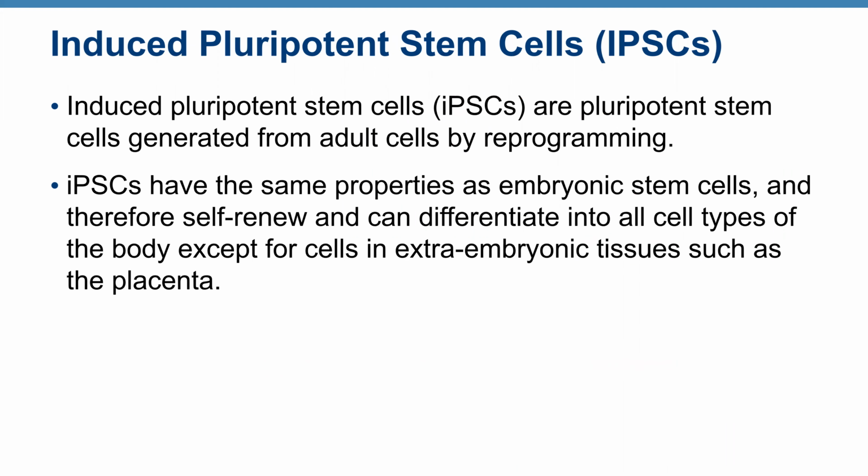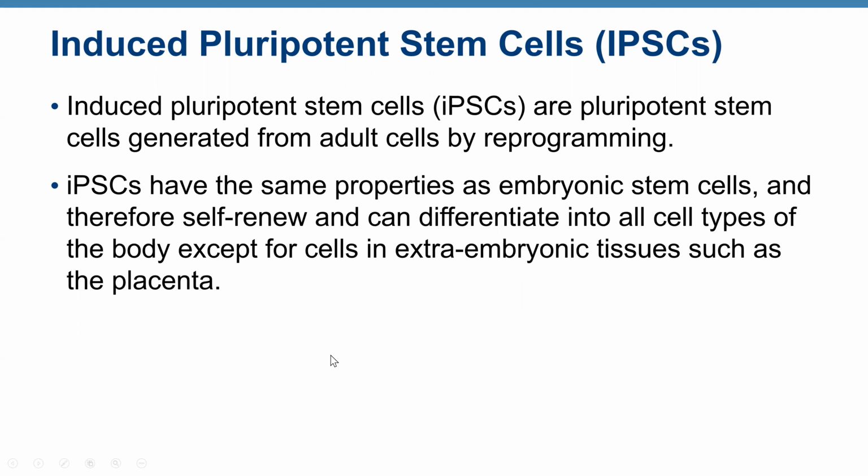Induced pluripotent stem cells are pluripotent stem cells generated from adult cells by reprogramming. iPSCs have the same properties as embryonic stem cells and therefore self-renew and can differentiate into all cell types of the body except for cells in extra-embryonic tissue, such as placenta.